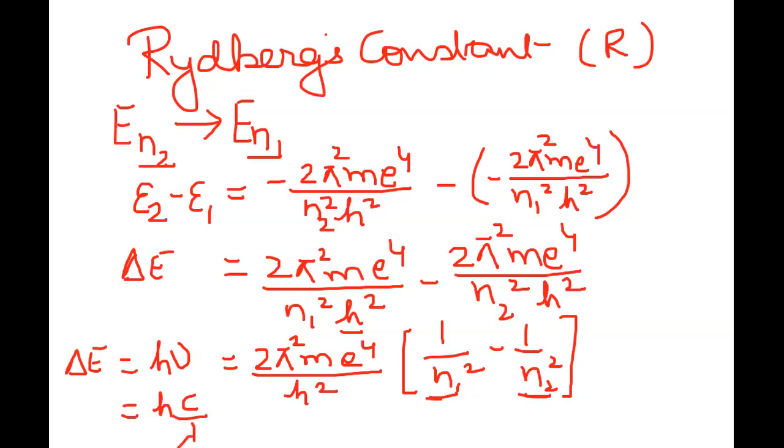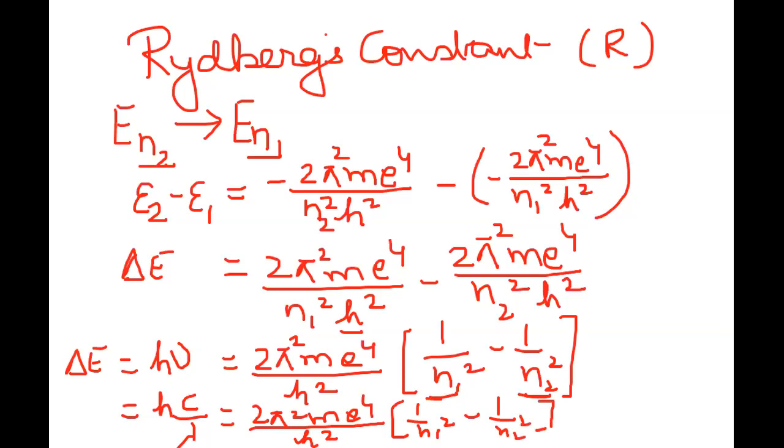This is equal to 2 pi square m e4 divided by h square, and then 1 by n1 square minus 1 by n2 square.